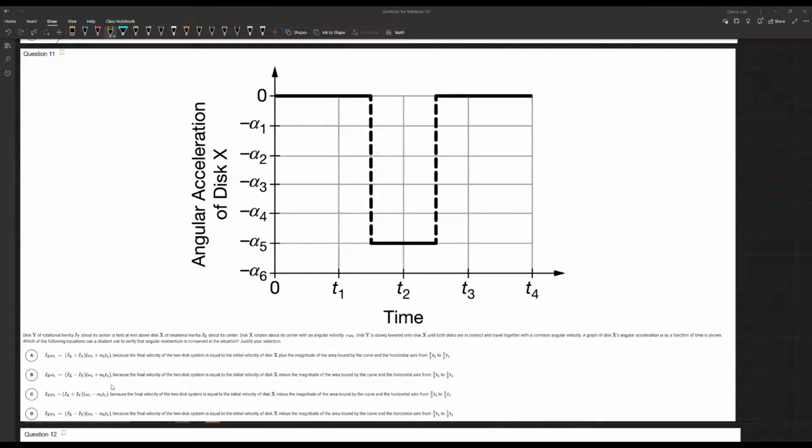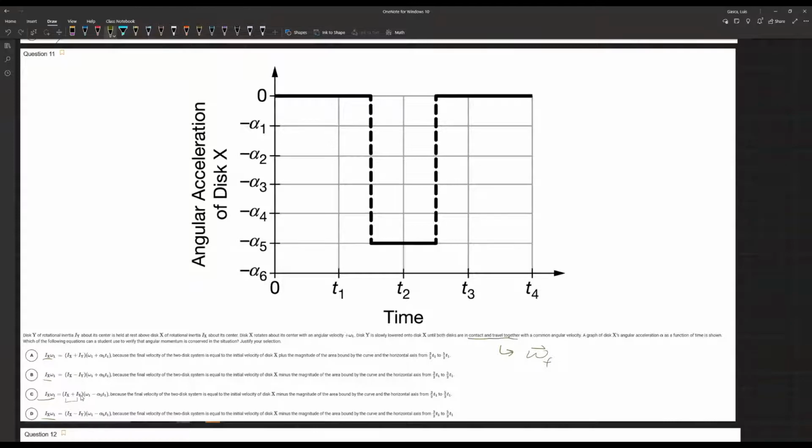Alrighty, so what's the idea? Well, the only thing that was spinning at the beginning was disk X. So we can go ahead and say that, okay, that's the initial angular momentum in our system at the beginning. But now that we drop disk Y onto it, it is going to move and travel together with disk X. So because they move together, we want to add their rotational inertias because they're going to have the same final angular velocity.